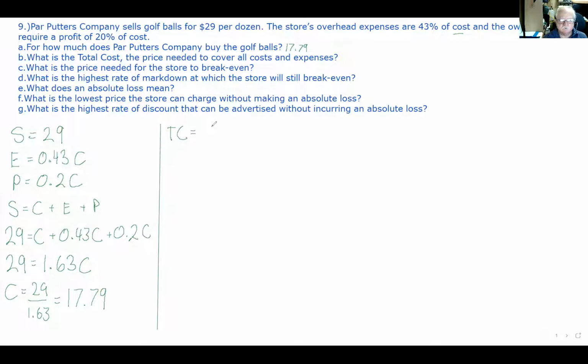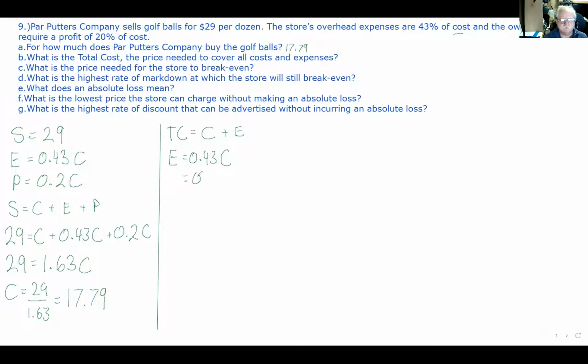Total cost equals cost plus expenses. So what do we know about their expenses? Expenses equals 0.43 cost.